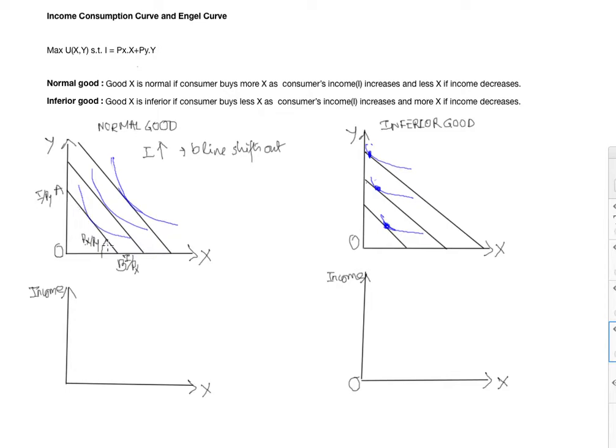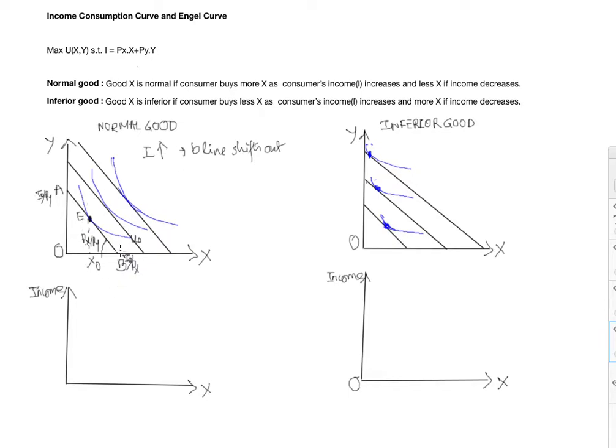AB corresponds to some level of income, let's say I0. Given this budget line and this indifference curve U0, the consumer equilibrium is at E, where the consumer is buying X0 units of X. We are ignoring Y for the time being because we are going to focus on one good at a time.